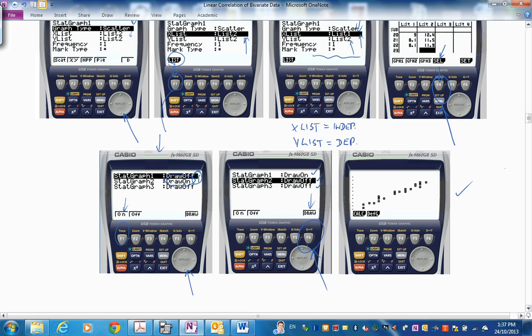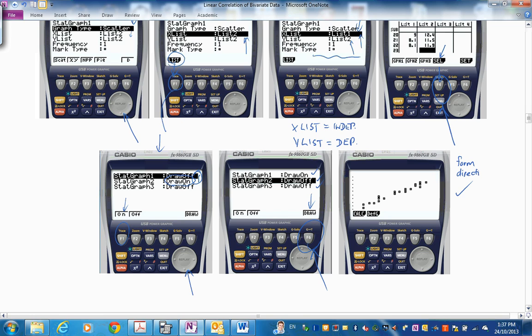Of course, this is a scatter graph by technology. Don't just blindly plot that onto a set of axes. You really have to plot your own from the original data, if it's asked in any exams or tests. But this one on the calculator gives you an idea, and if you don't have to produce a hard copy, this is sufficient for you to talk about form: yes, it's linear.